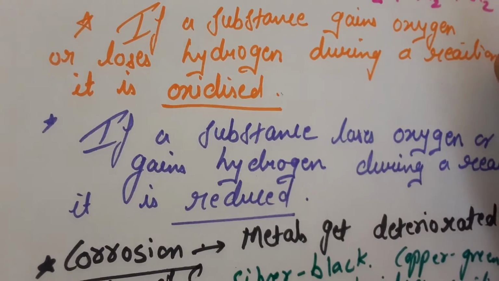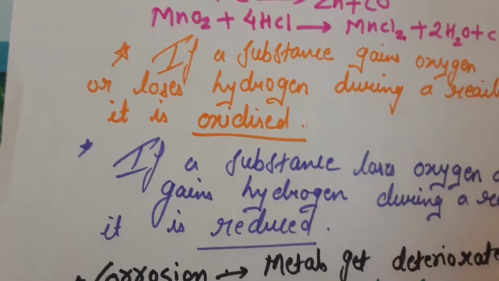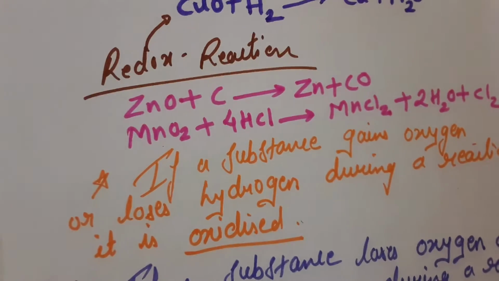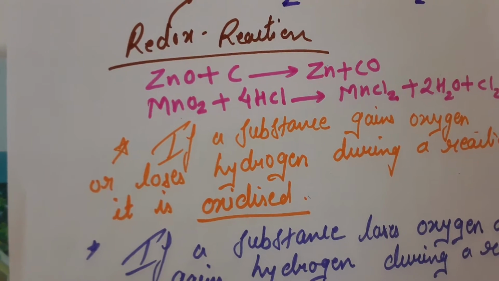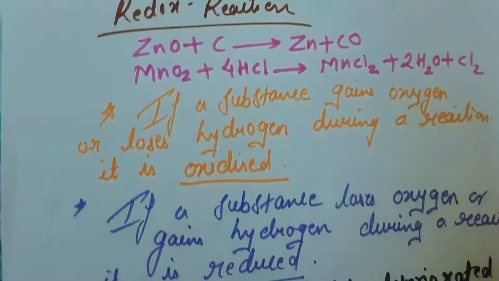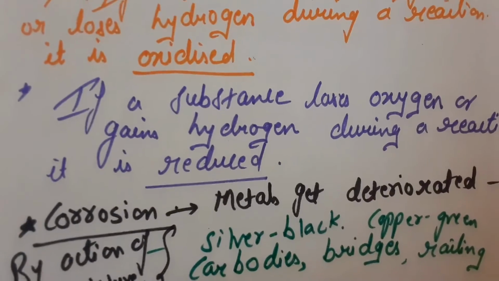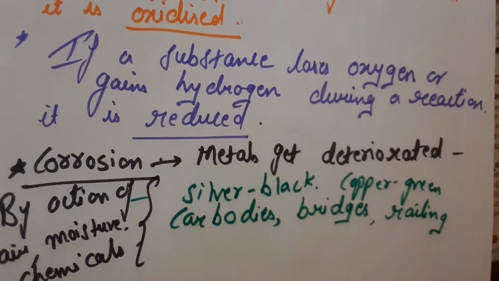Next is corrosion. What is corrosion? Let us see. Corrosion is basically when a metal is attacked by a substance around it. Which substances? It may be moisture, chemicals, or air.